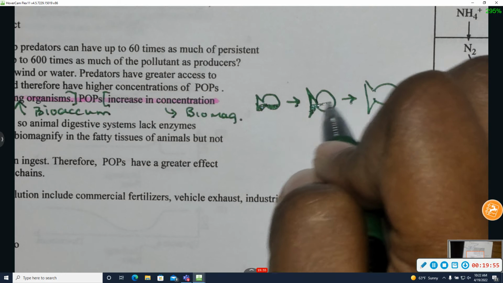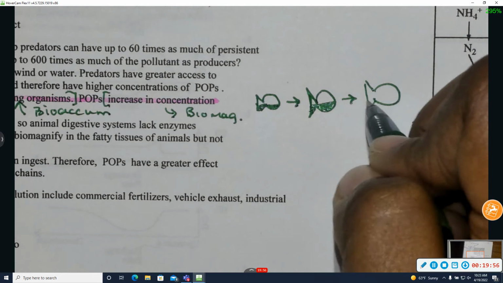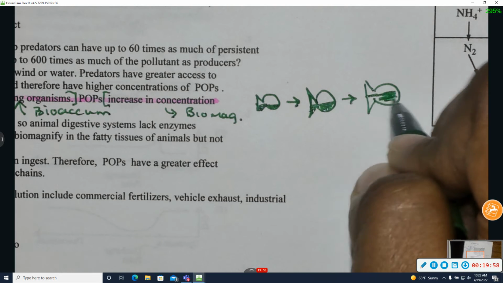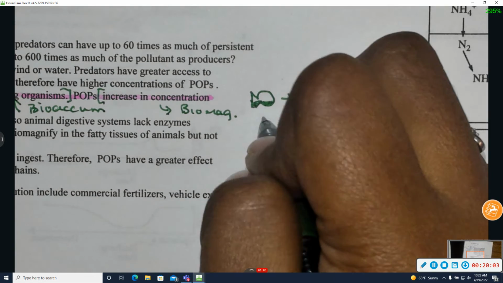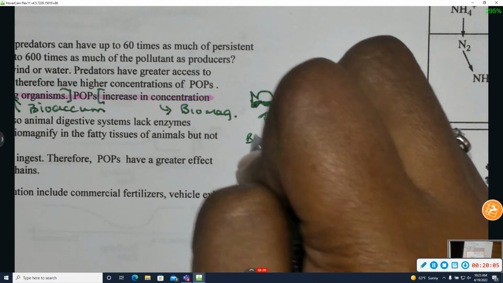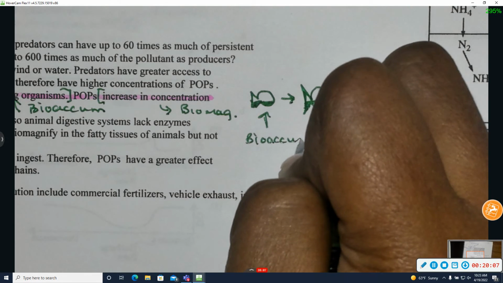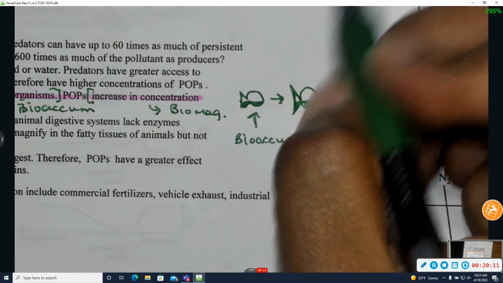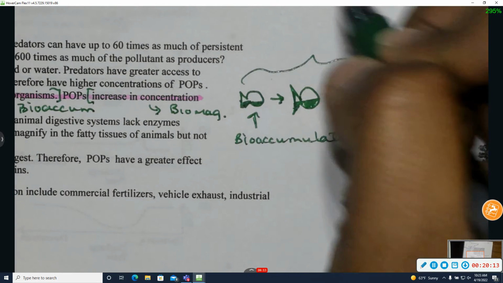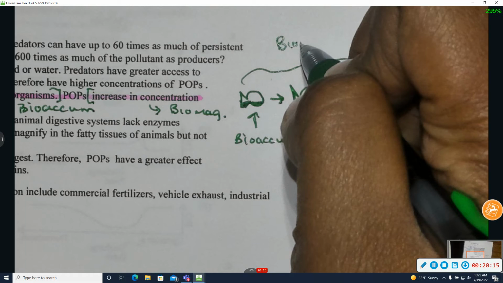The larger fish has way more, and the largest fish has the most. So in each individual, that's bioaccumulation. But as you go up the food chain, that's biomagnification.